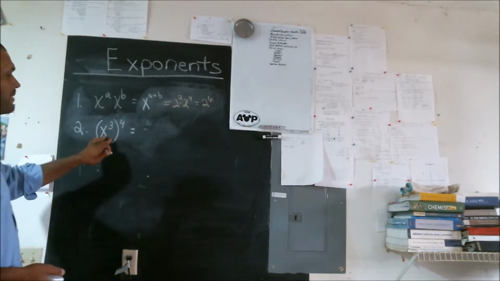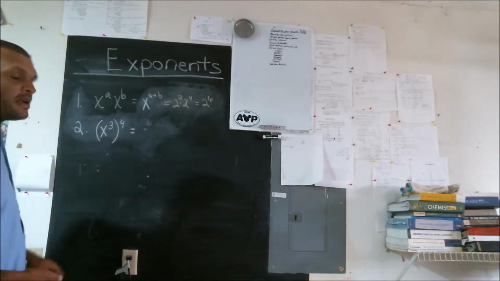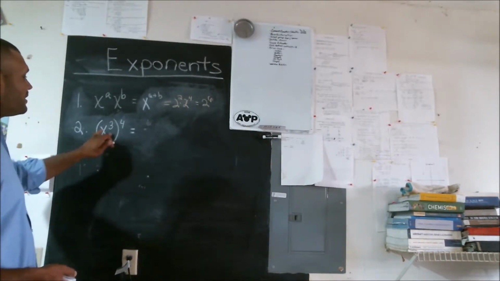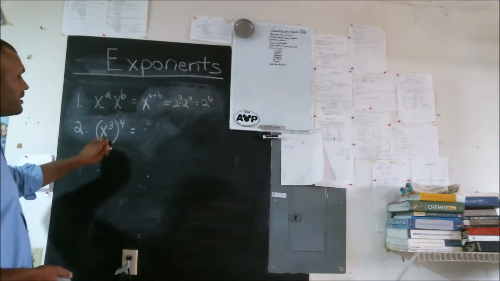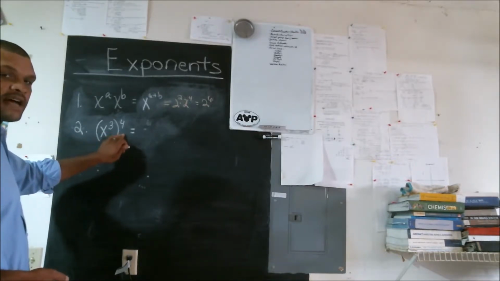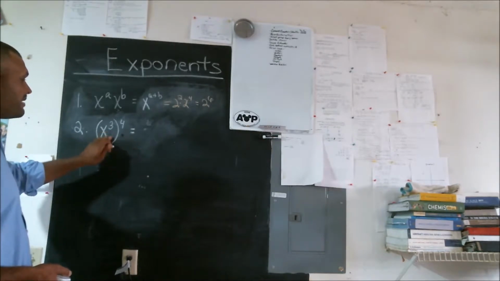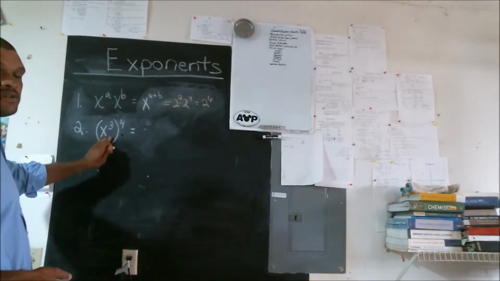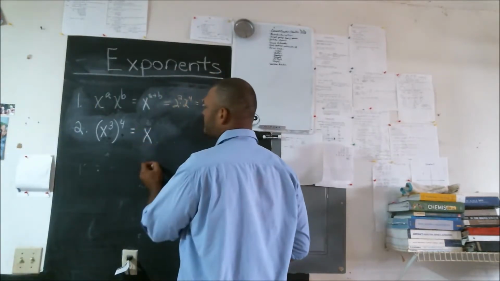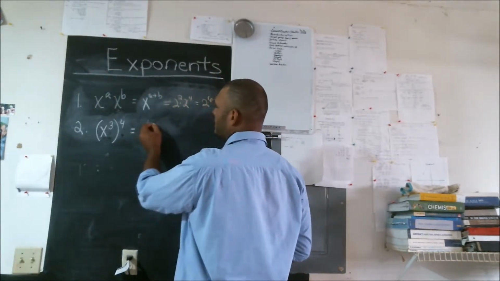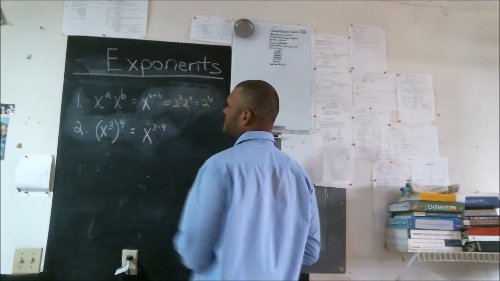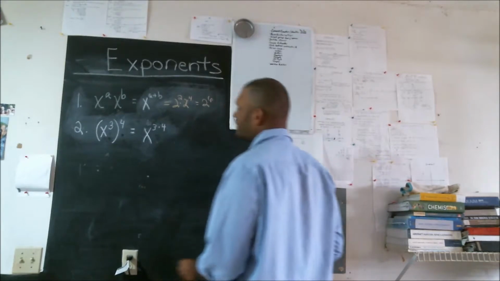We have a grouping we have to take care of in our order of operations, and then we have our exponent outside, which comes second to the grouping. So we have x, and then we're going to multiply the exponents, because we don't know what this number is, correct?